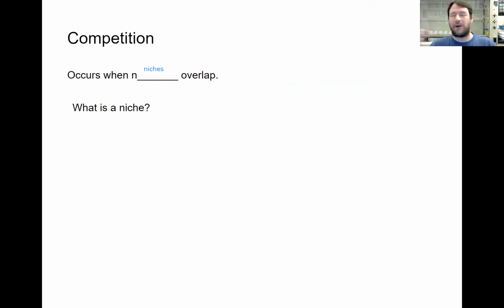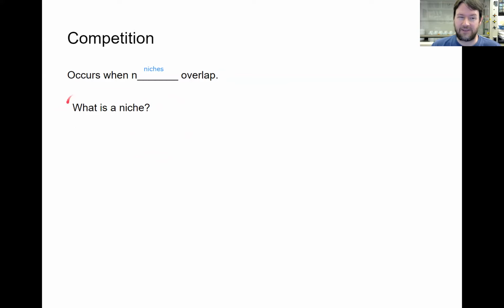It's all the requirements for an organism in terms of temperature and humidity or salinity or pH or suitable habitats, holes of a very specific size for like birds that nest in trees. And there's a lot of things that could go into defining a niche, almost limitless.